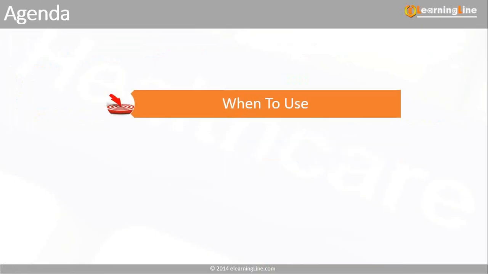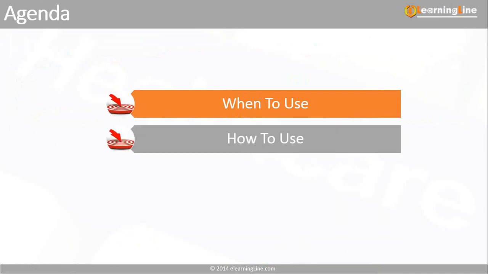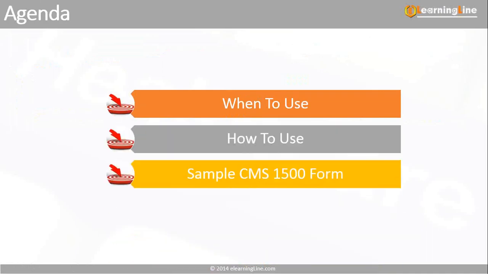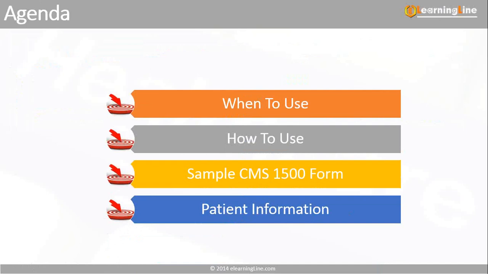Now, as part of this session, we are going to talk about the entire document, or I would say a form, and the corresponding fields. So we will talk about when to use it, how to use it, we will look up a sample CMS form, and then the patient information. These are all the different sections we are going to study throughout the chapter, and as I mentioned earlier, this session is not for you to memorize.